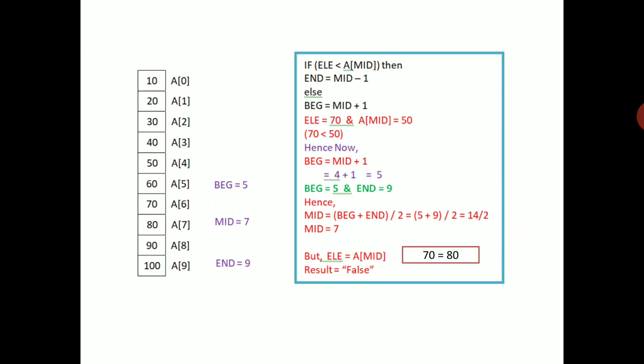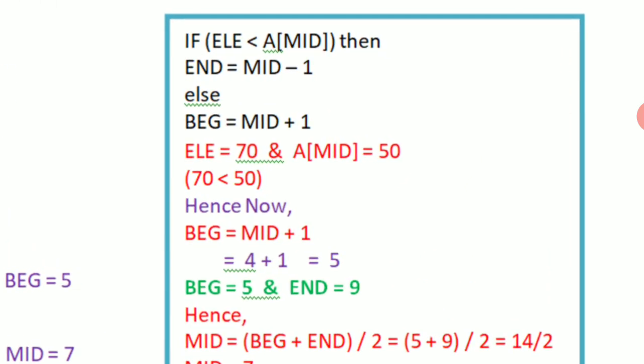If A of mid does not match the searching element, then beginning and end are going to be affected. See here how it is. In the first search, we have not found our element, meaning our element does not match the mid value.